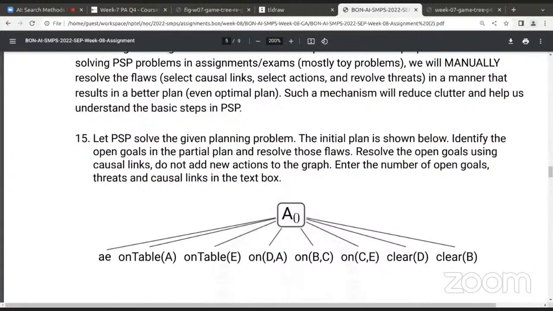If you understand clearly, goal stack planning is called linear planning. The question is, why is it called linear planning? It's a linear planning algorithm. It can only produce linear plans. It cannot produce a graph, with 2 branches, whereas partial order planning can.